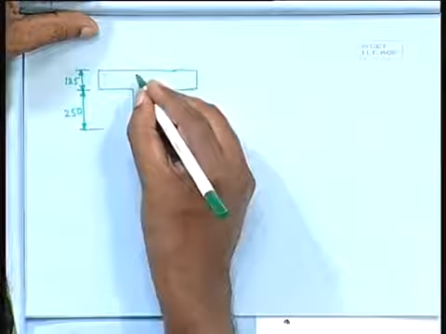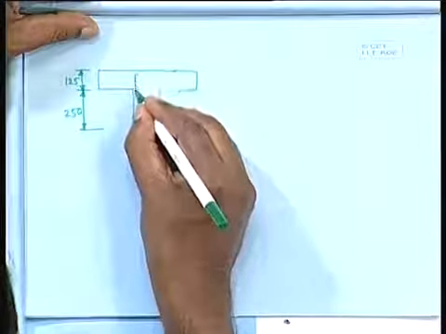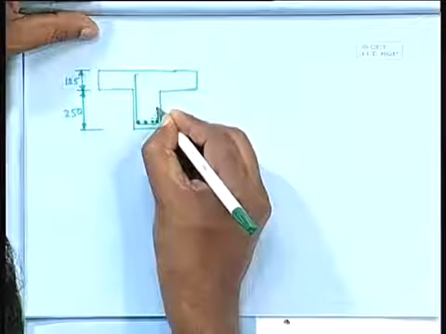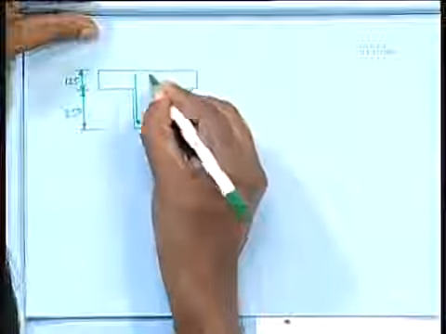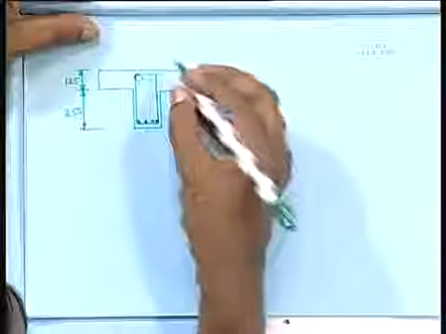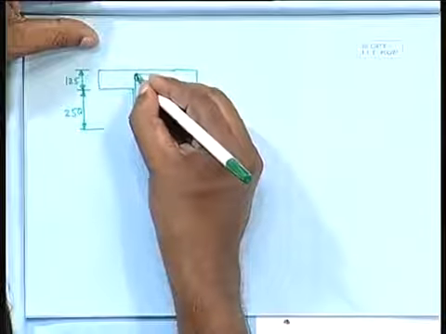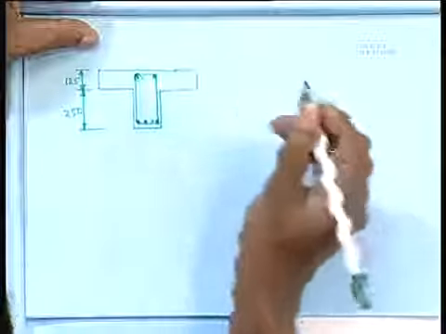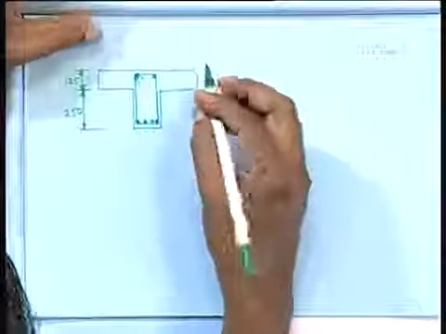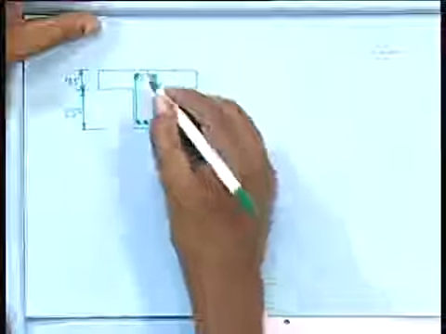And the stirrup. The other two bars we need not specify here, because for our design we shall not specify.